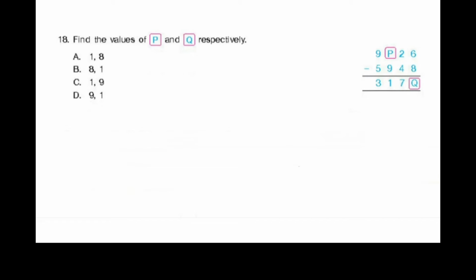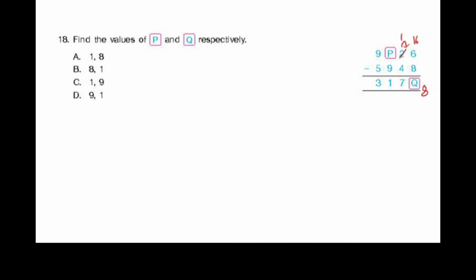Next question. Find the values of P and Q respectively. Okay. So we have 6 minus 8. So 6 smaller, we will be taking carry. It will become 16 and this will be 1. 16 minus 8 is 8.